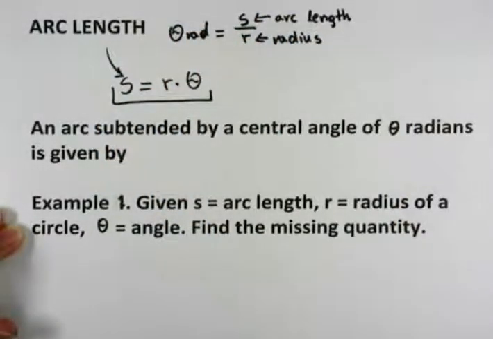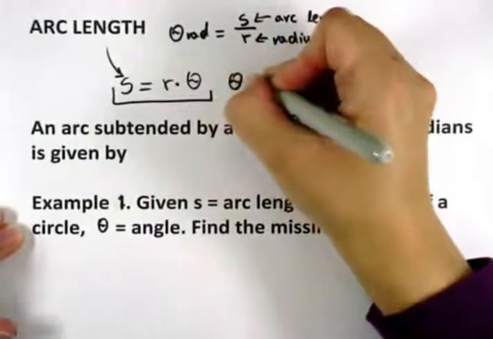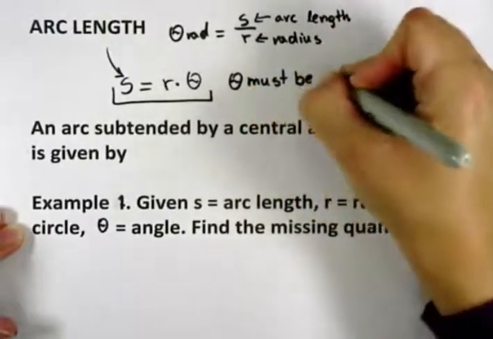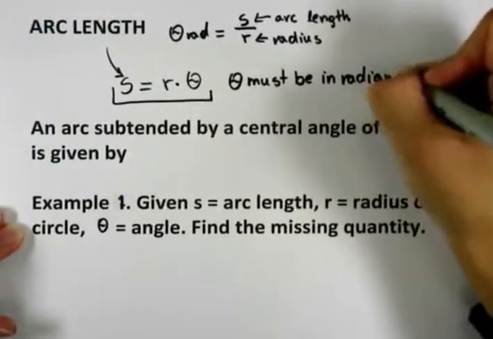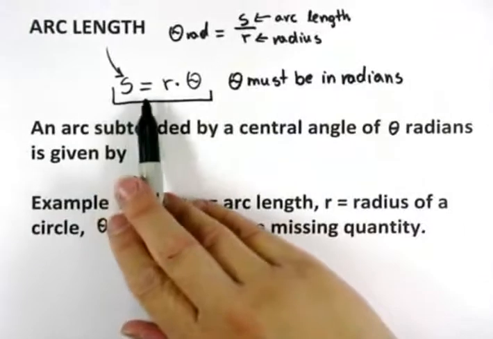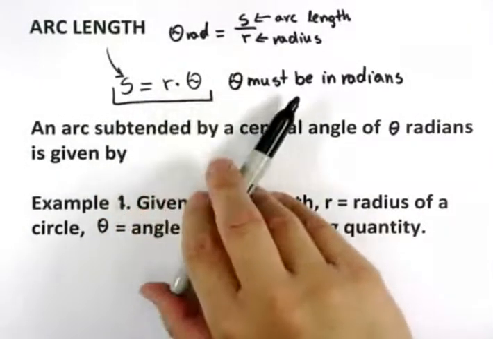Very important that theta must be in radians. In order to use this formula, that arc length S is equal to radius times theta, theta must be in radians.